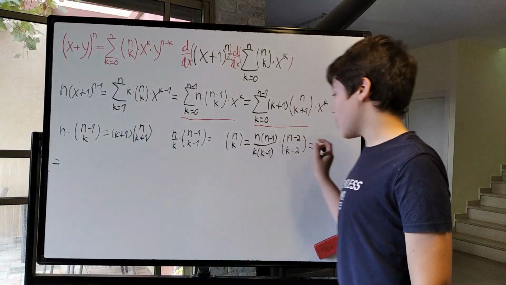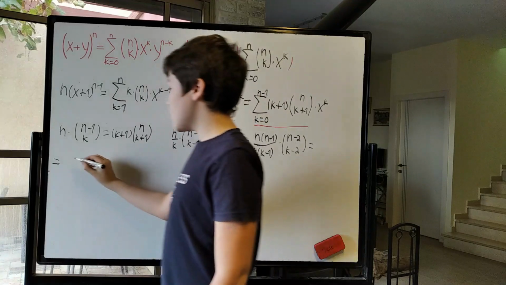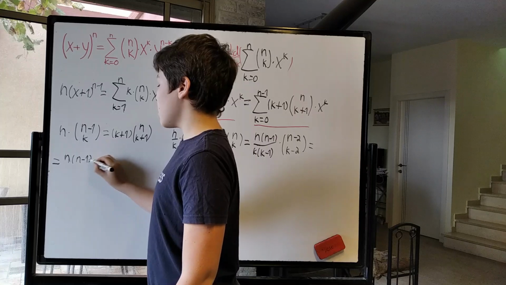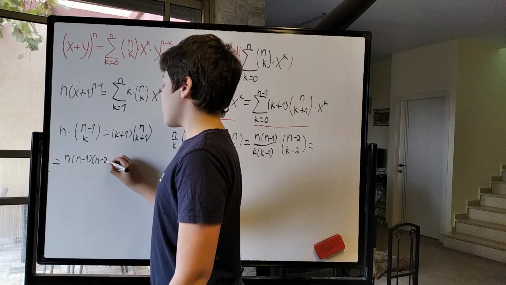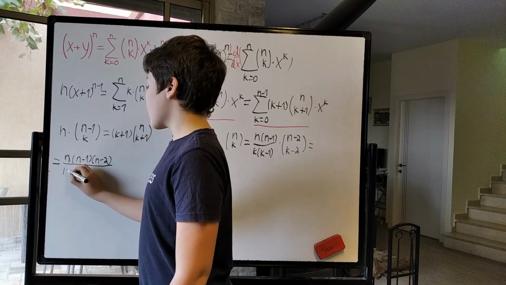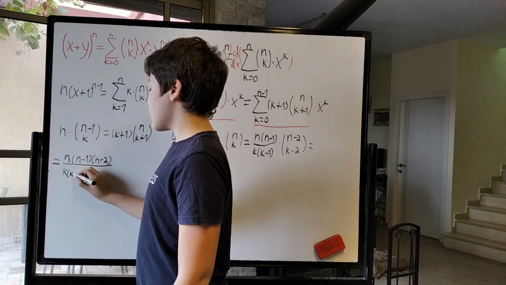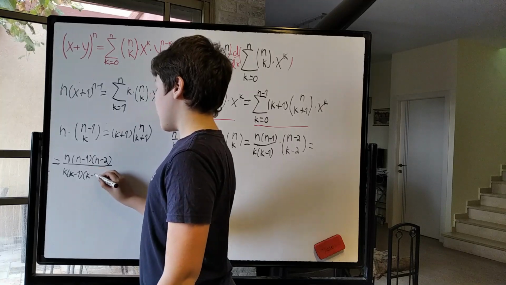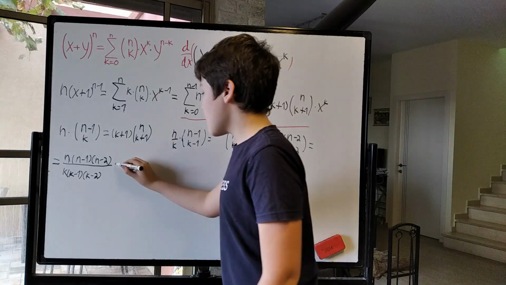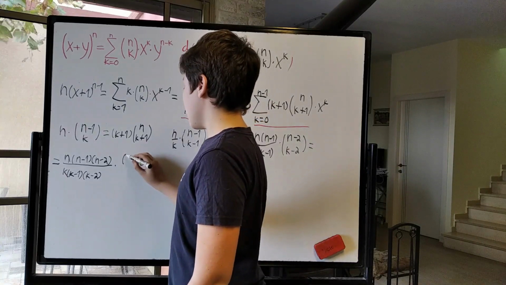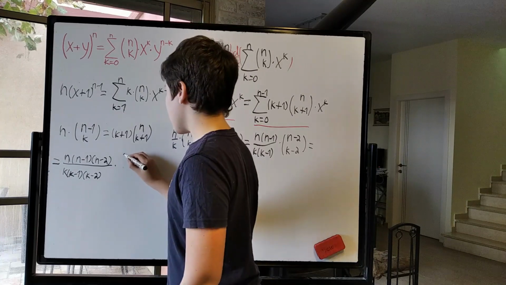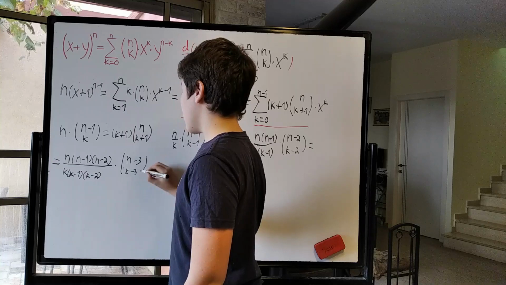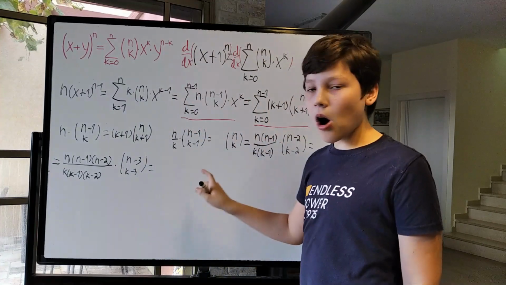We can use the same formula on n minus 2 choose k minus 2 to get n times n minus 1 times n minus 2 over k times k minus 1 times k minus 2 times n minus 3 choose k minus 3.